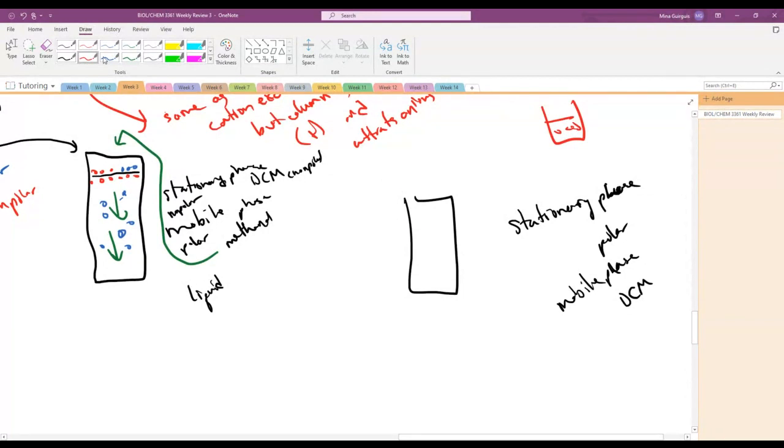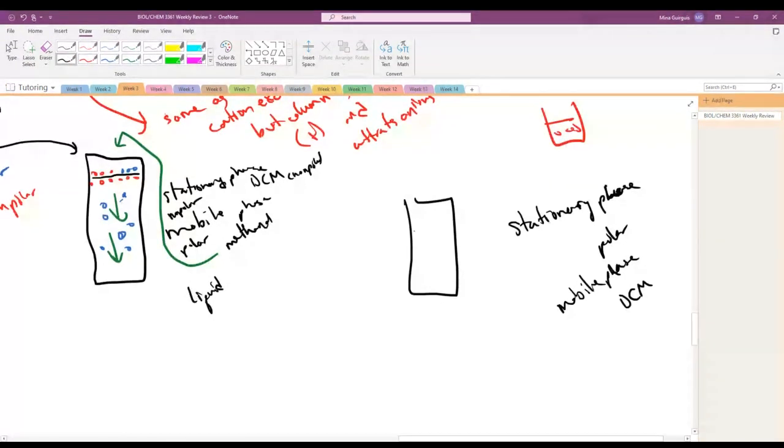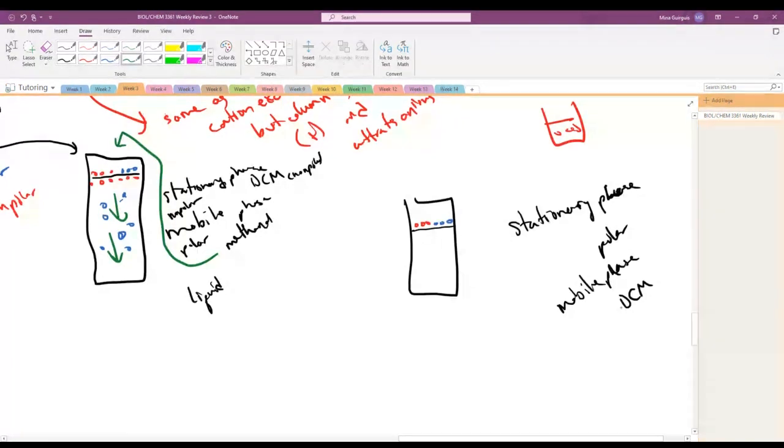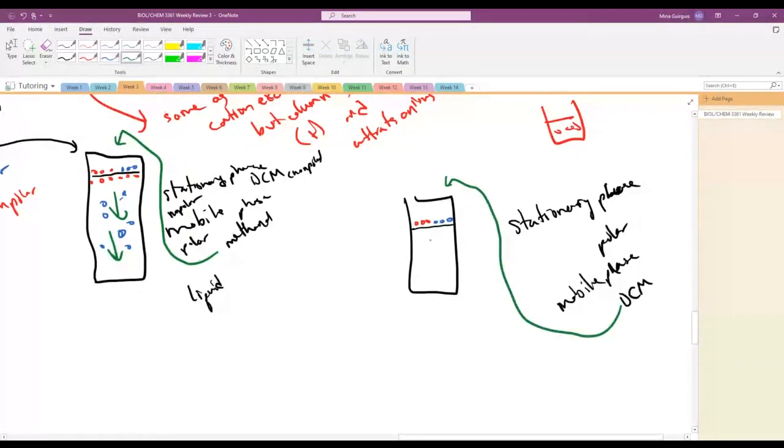So now we've still got these red and these blue solute at the very top, but I'm going to add my DCM. And as my DCM comes down, now it's going to take the red non-polar solute with it. Okay.